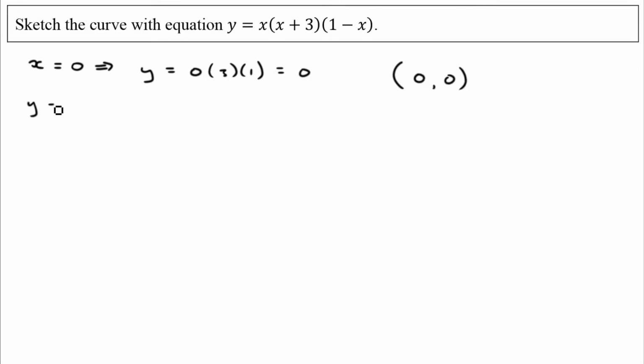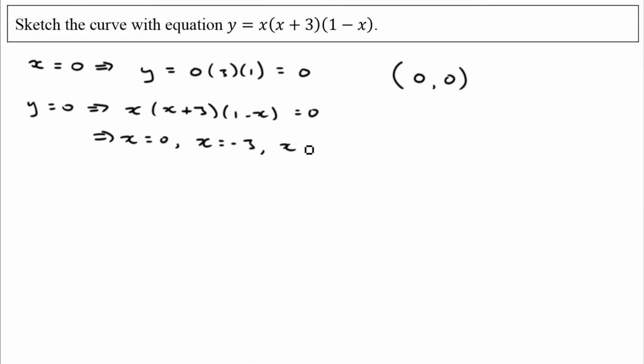When we have a y of 0, that means that x times (x plus 3) times (1 minus x) is 0. So therefore, either x is 0, x is negative 3, or x is 1. So the curve passes through (0, 0), which we did already know about, (negative 3, 0), and (1, 0).